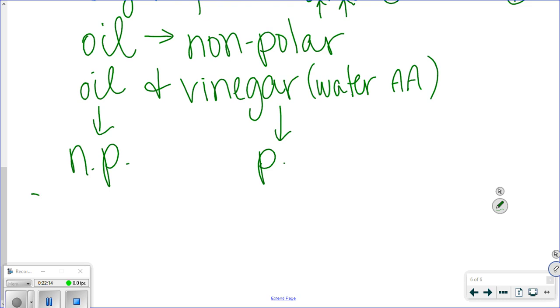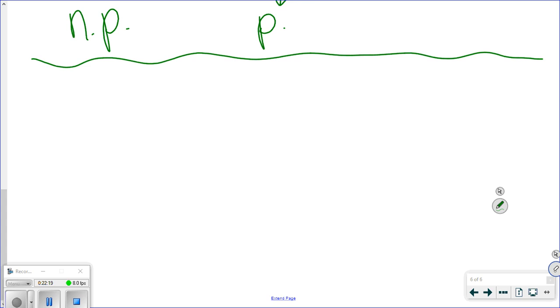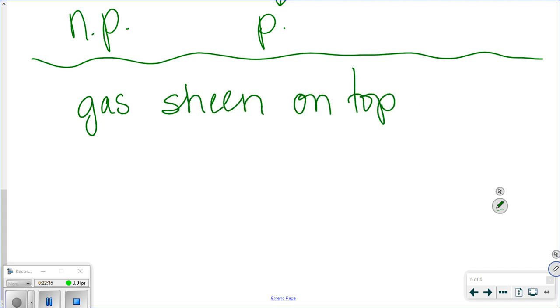Another example. All right? When you go to the gas station with your parents and it's raining, you'll see the gasoline, because everybody spills it, right? There's always a little bit. You'll see gasoline, you'll see like a sheen on the water. I think sheen is that, but I don't know. On top of the water. Why is that?